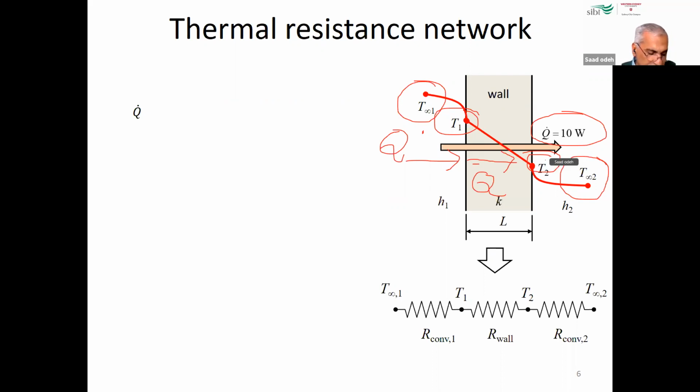And then from T2 to T infinity 2, there is another heat transfer. The same amount of heat will be transferred from the surface to the surroundings, or maybe to the air surrounding the wall.